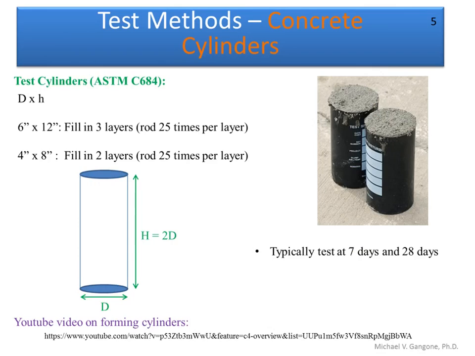If you're dealing with a 4x8 cylinder, you fill it in 2 equal layers, and you rod each layer 25 times, just like we did with the slump test. And if you have a 6x12, that's 3 layers, 25 times as well. So the number of layers is one more for 6x12 compared to a 4x8.